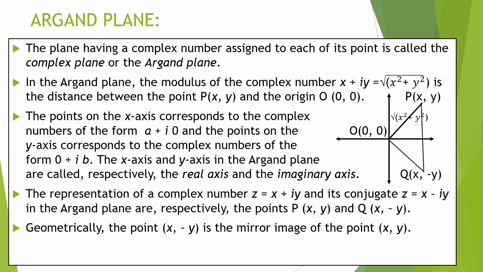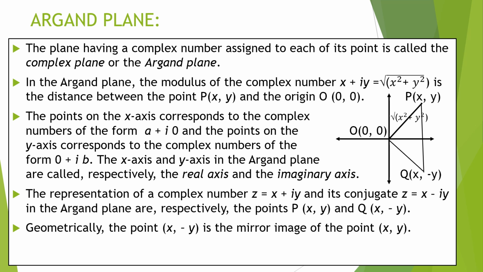So suppose you have the complex number of the form x plus iy, then in the plane the point P(x, y) represents it and (0, 0) is the origin. So the distance between origin and P is the modulus of the complex number.